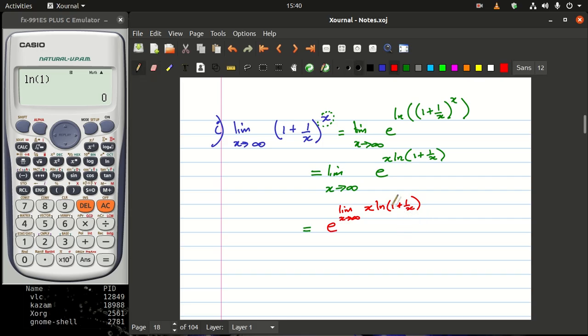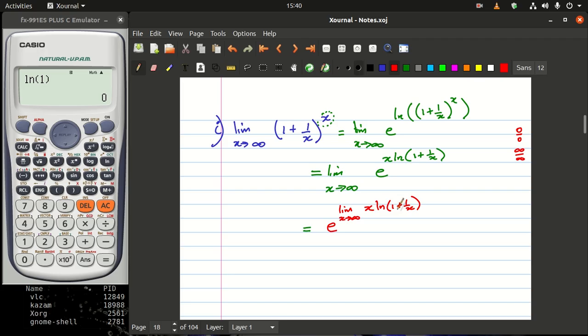If you look carefully, you will find that we have infinity over that. We want to change this function so that we can use L'Hopital's rule. To use L'Hopital's rule, we want to have 0 over 0 or infinity over infinity.